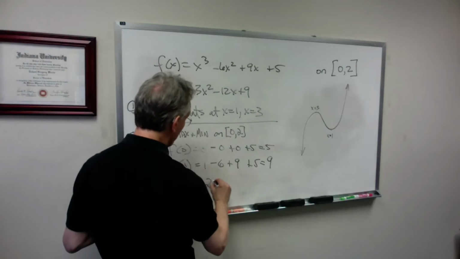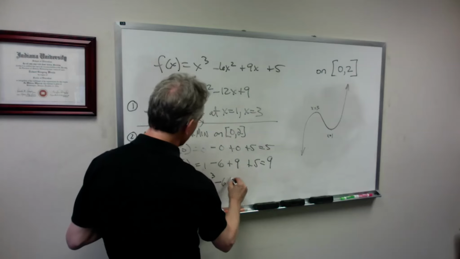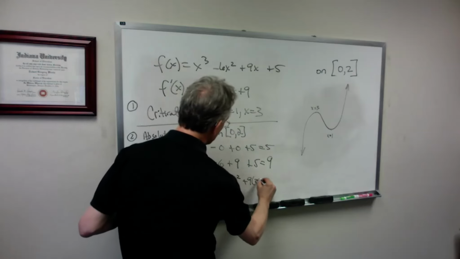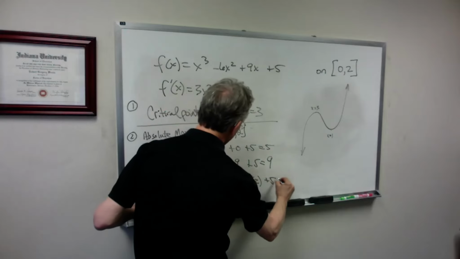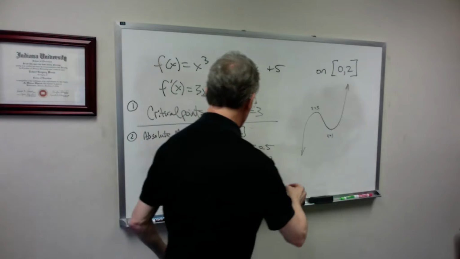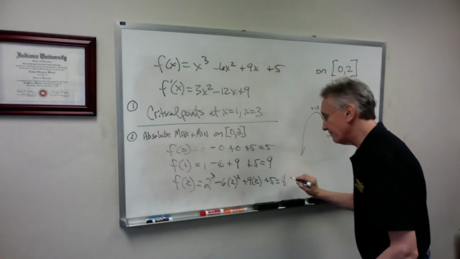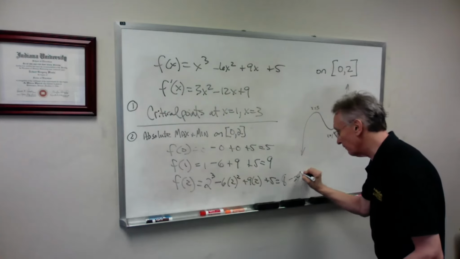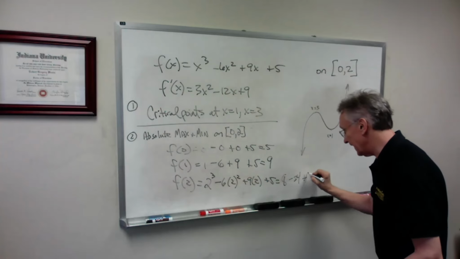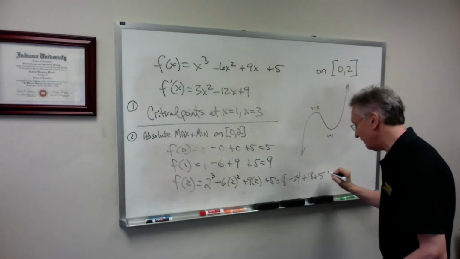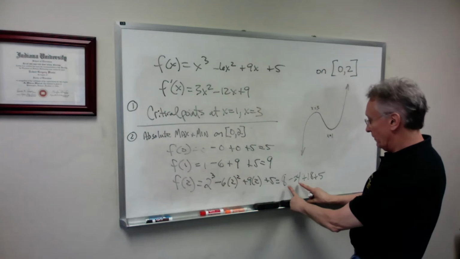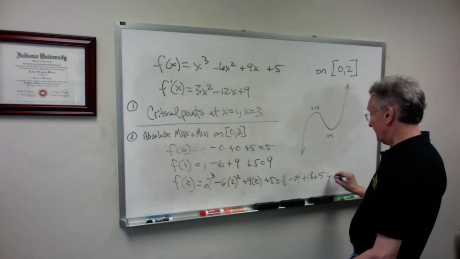We get 2 to the 3rd minus 6 times 2 squared, plus 9 times 2, plus 5. That gives us 8 minus 4 times 6, which is minus 24, plus 18, plus 5. So 26 minus 24 is 2, plus 5 is 7.